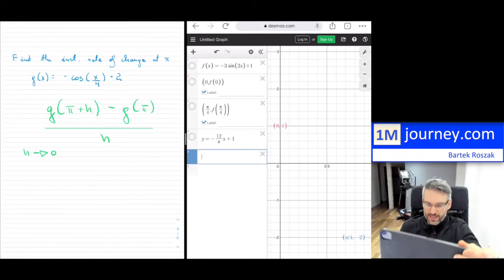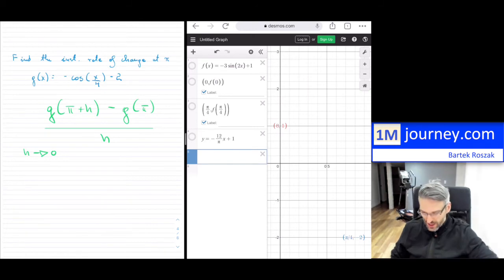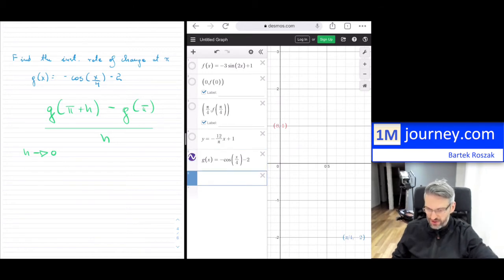Again, I'll put it in decimals. You can substitute the values into your calculators to see, but I'll try to put this in. So g of x is equal to negative cos x over 4, minus 2. That's my g of x.